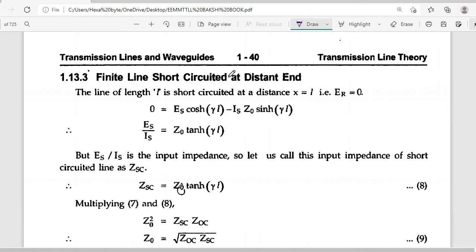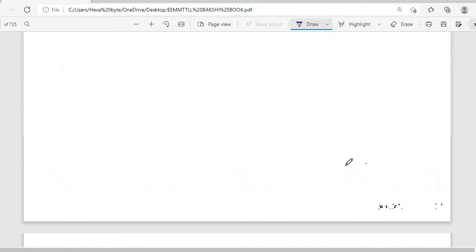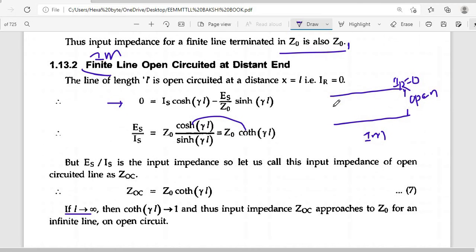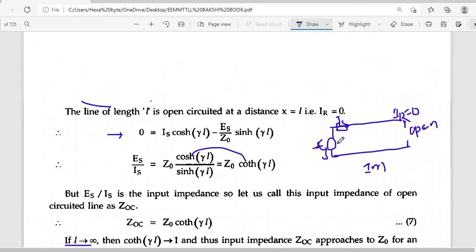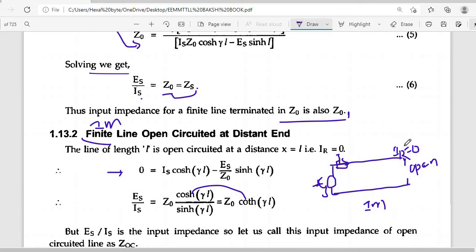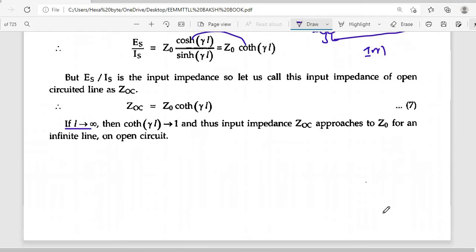Now, finite line short circuited at the distant end. Again I am taking a finite line. Everywhere a finite line, and everywhere a voltage source is there, and source impedance is there. Always you take the source potential ES. Without excitation there is no application of the transmission line.